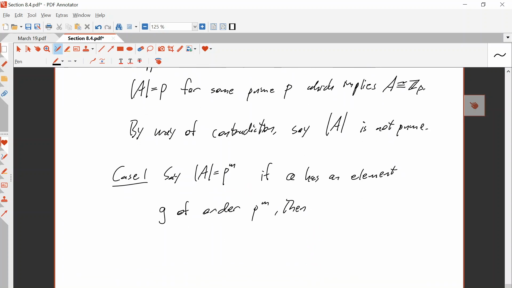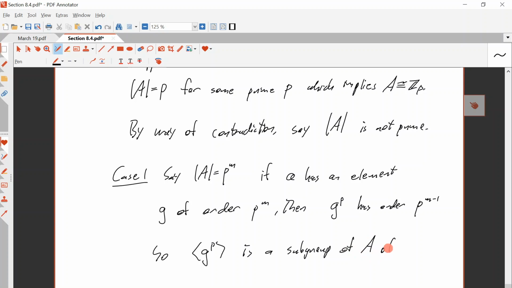So say if A has an element g of order p to the m, then g to the p has order p to the m minus 1. Right? So g to the p is a subgroup of A of order p to the m minus 1.